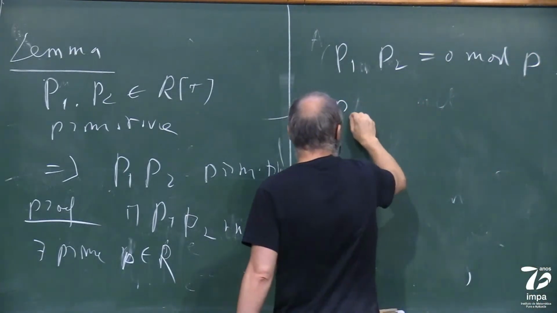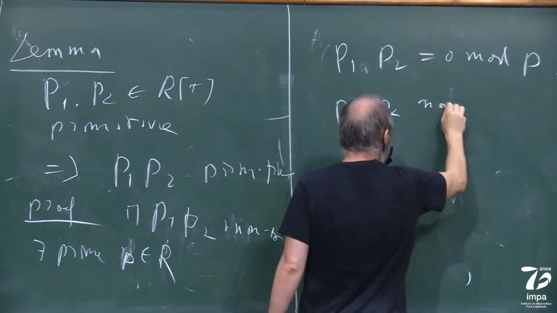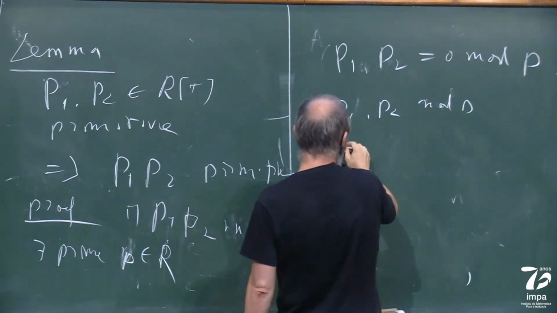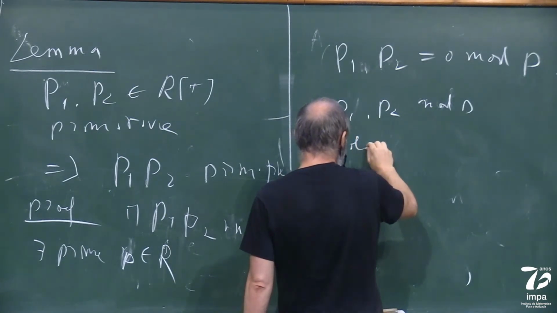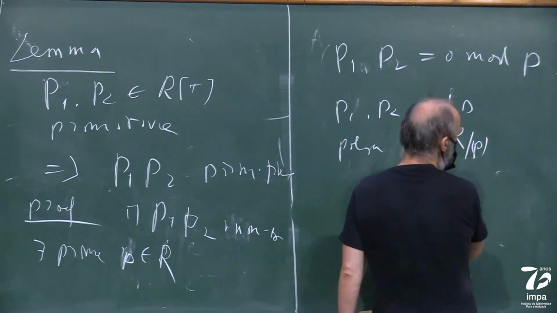Consider P1 and P2 modulo p. They are polynomials in (R quotient by p)[T].